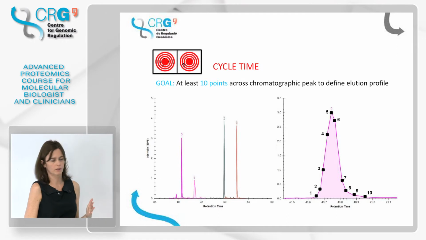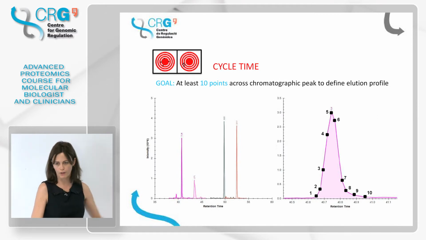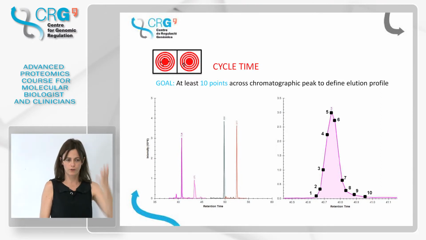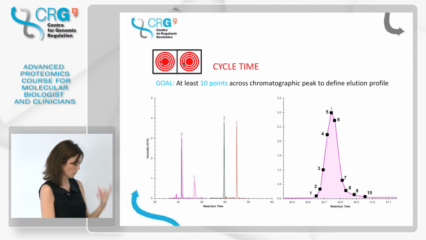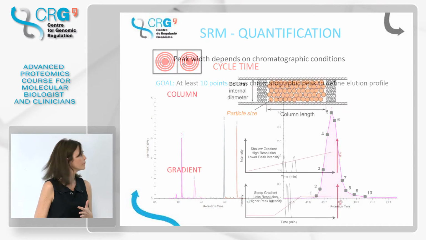So our goal is, for quantification, always have at least 10 points across the chromatographic peak. And this is going to be closer, reproduce the real intensity of our signal. We always have to keep this in mind. If you have 3 points, you can identify your protein, but you cannot quantify it.